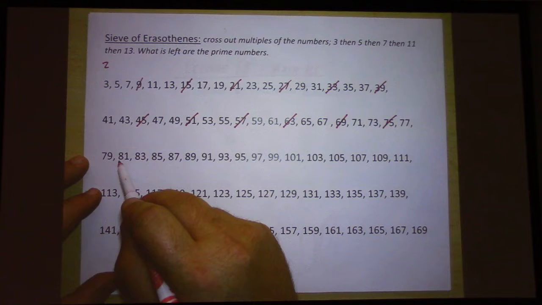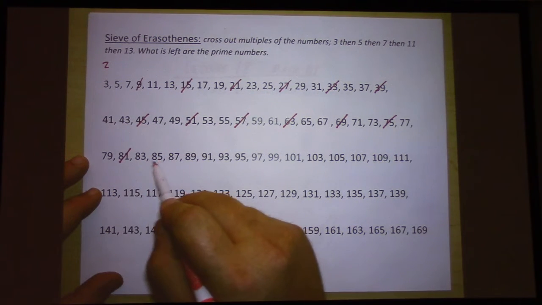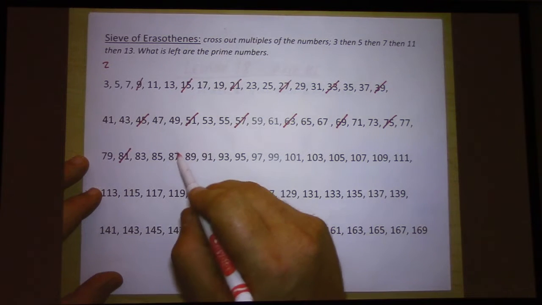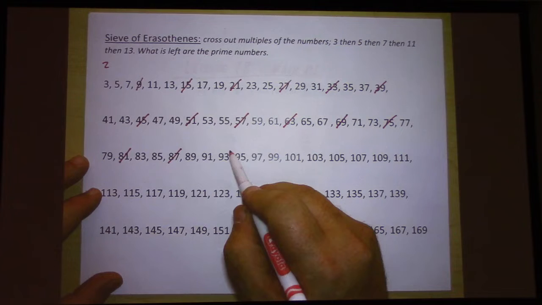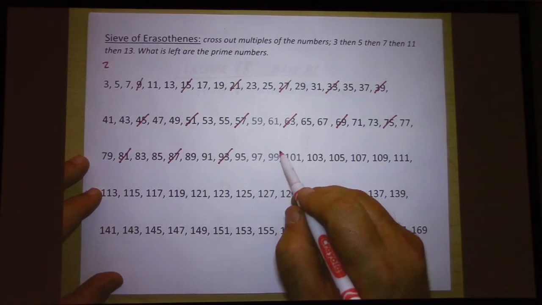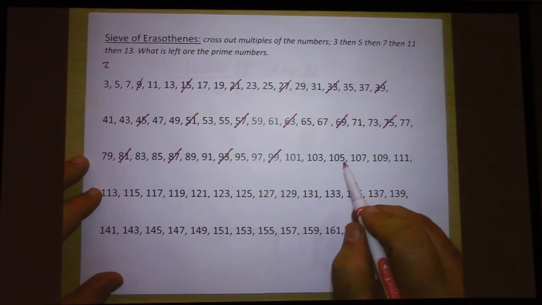Let's see here. 81 is a multiple of 3, right? What else is a multiple of 3 here? 87 is a multiple of 3. 93 is a multiple of 3. 99, multiple of 3.